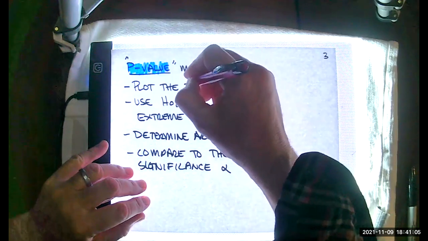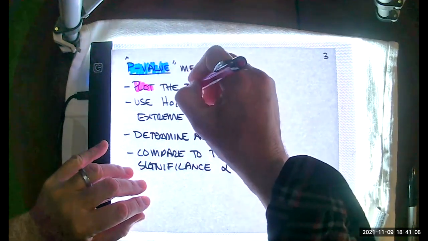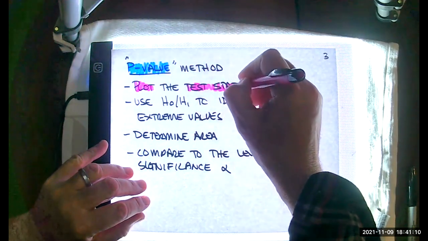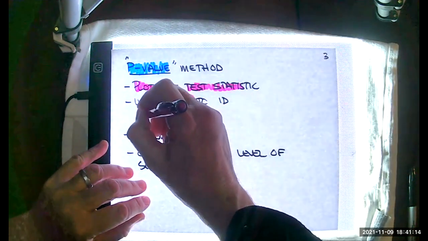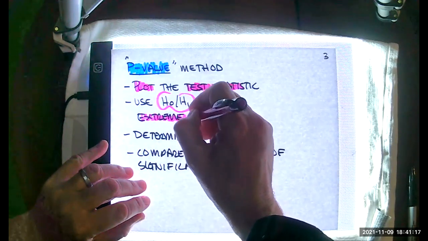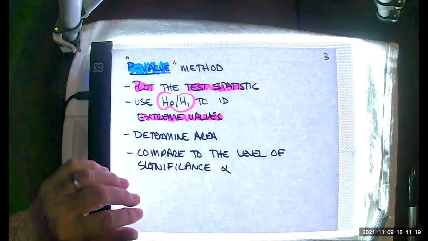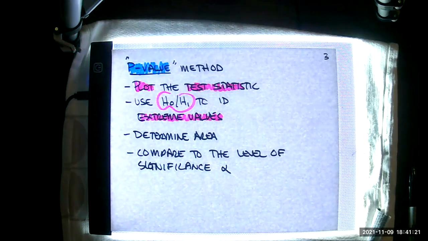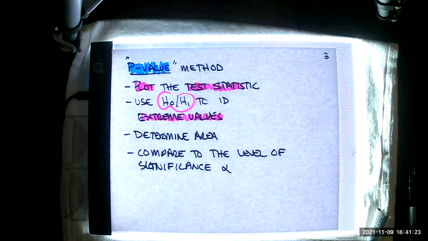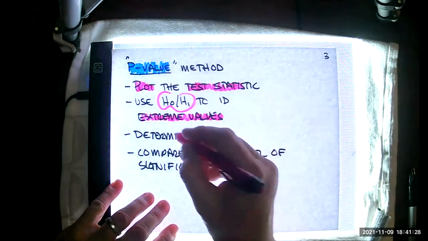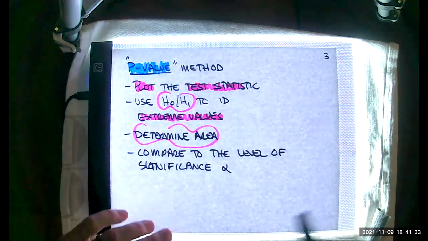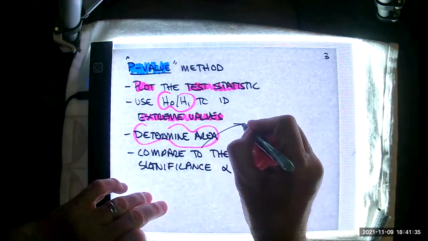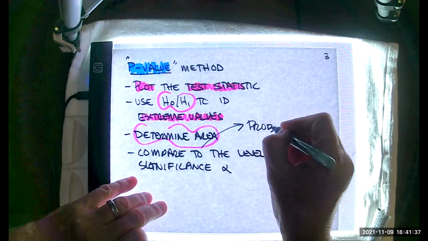And if we go ahead and plot just that test statistic, I can use my null and alternative hypothesis to determine what might be a value that would be extreme or significantly different from my assumed value in the null hypothesis. And once I have this information in hand, I can determine an area. And I'll remind people that by area, I mean a probability.